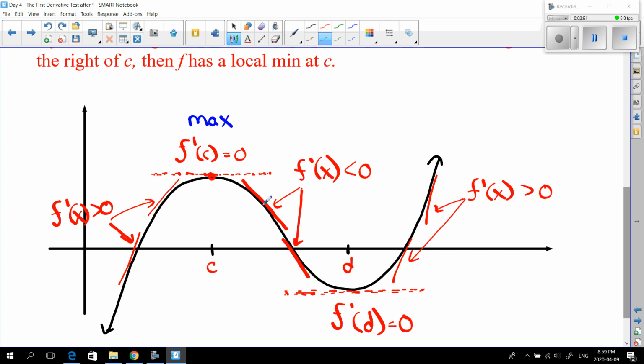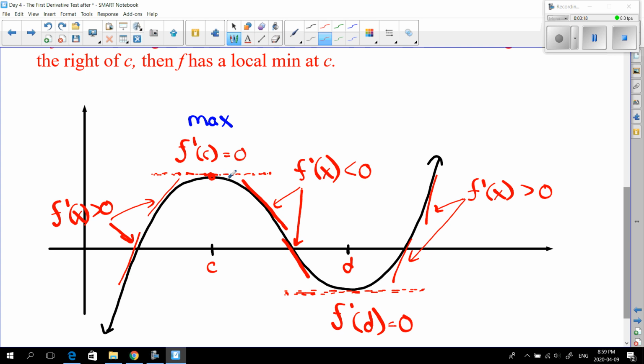I've drawn this curve in, and you can see that to the left of c, my tangent lines all have positive slopes. That means f prime x is greater than 0. It's positive. F prime c right here, if I drew a tangent line to the curve right here, notice the tangent line is horizontal. That means that f prime c at this x value, the derivative, is equal to 0.